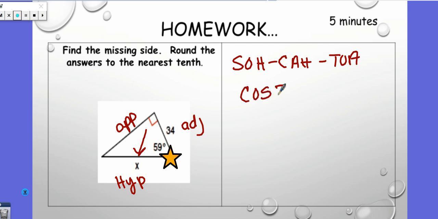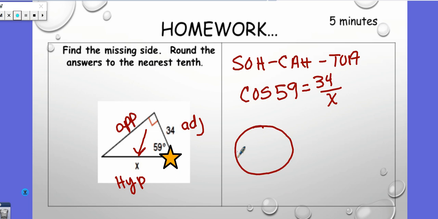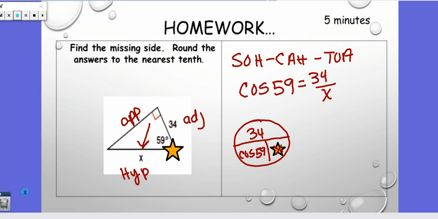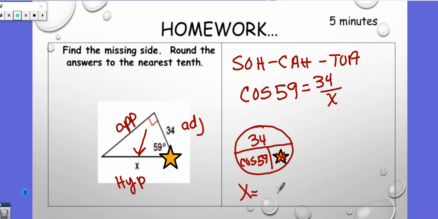So cosine 59 equals adjacent over hypotenuse. Cosine of 59, 34 over x. Okay, so I'm going to put my finger here to see what I need to solve for, and that would be x equals 34 over the cosine of 59.